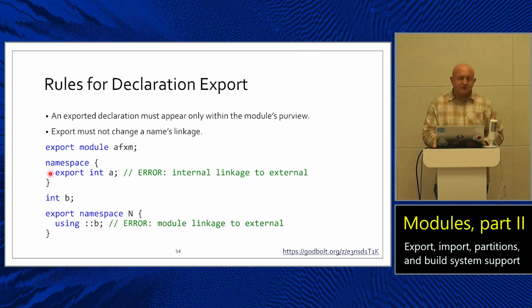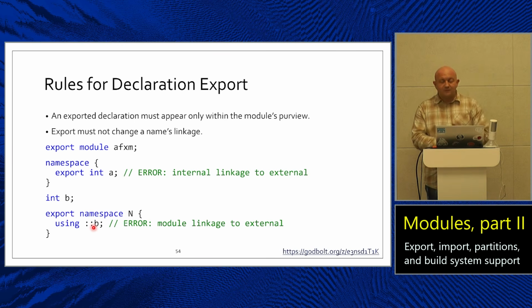Okay, this is an anonymous namespace. I cannot export this name. I cannot have this name as module linkage and export it here like this one. You might want to pull in a bunch of declarations from a header like this.